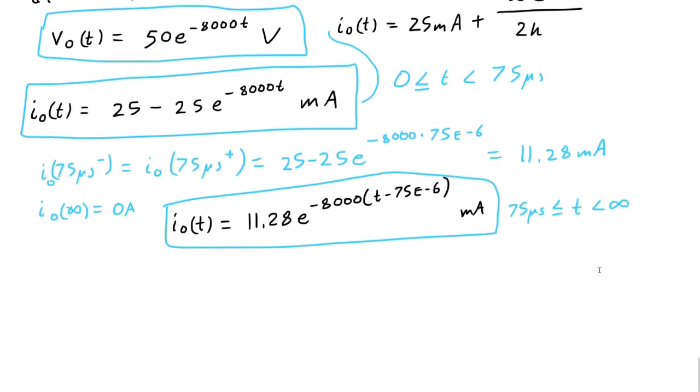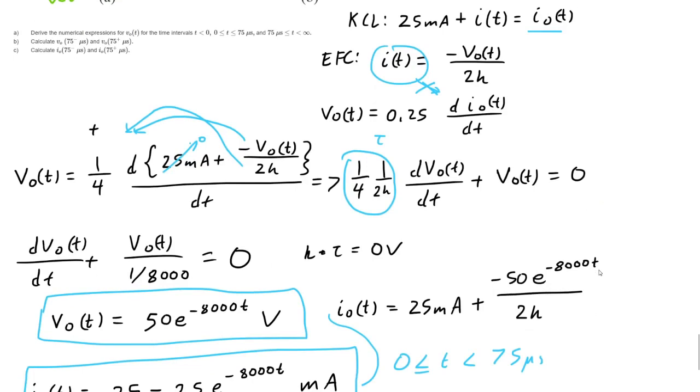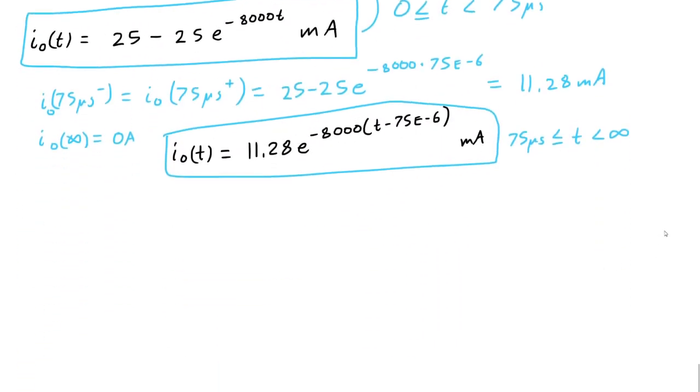So using this information, we can find out what the question asks for: Vo just before the 75 and just after the 75. Okay, so we already know what one of them is, 11.28 milliamps. So we now just have to find out what Vo is immediately before 75 microseconds, and then Vo immediately after 75 microseconds have passed.